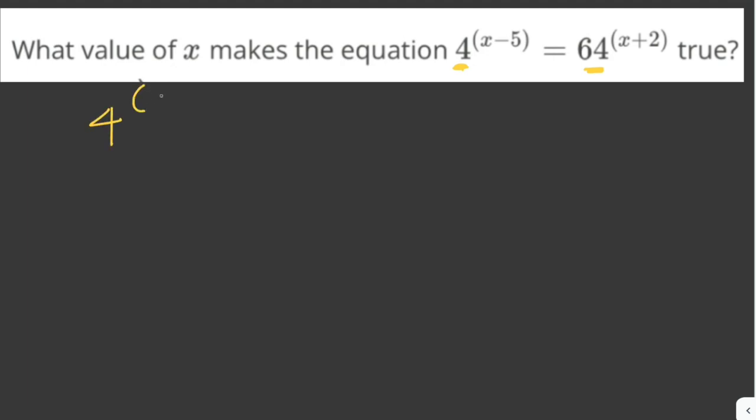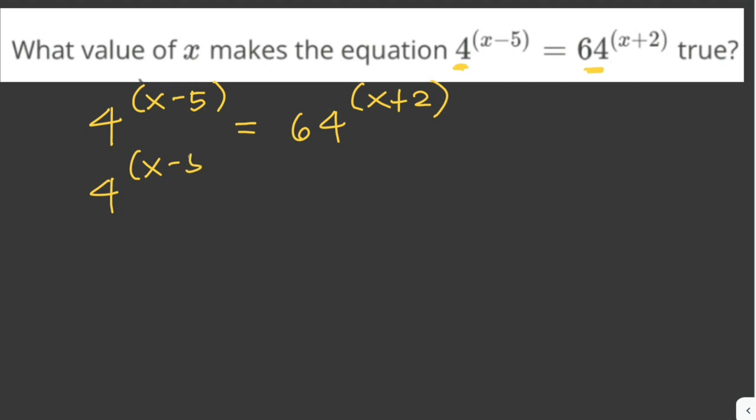So that would be 4 to the x minus 5 equals 64 to the x plus 2. 64 is divisible by 4. Then we can write 64 as 4 cubed. 4 to the power of 3, to the power of x plus 2.